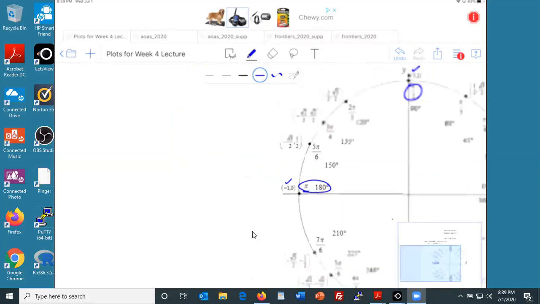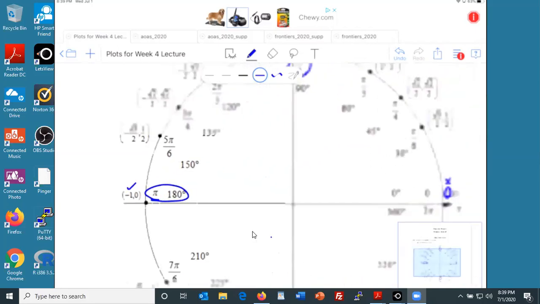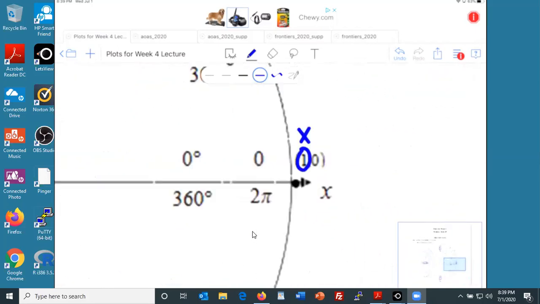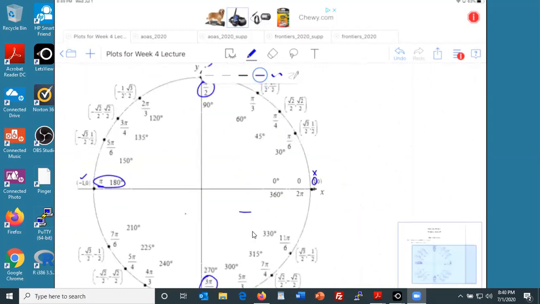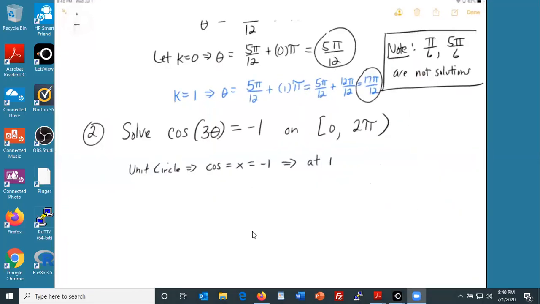And there's no other values that will work. Over here on the right side, the x value is +1, so that's not a point that we want. Just the left side would be an acceptable place, so that would be at the angle pi.